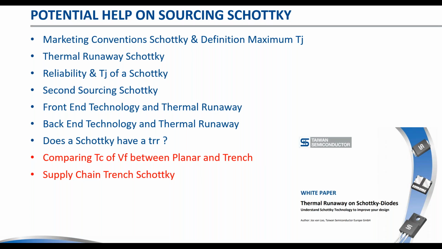So that is something we see a lot in the supply chain of trench Schottky. It is just a less reliable point of view of deliveries and commercial aspects, because it is competing in fabs where you are competing on cost per wafer or revenue per wafer.